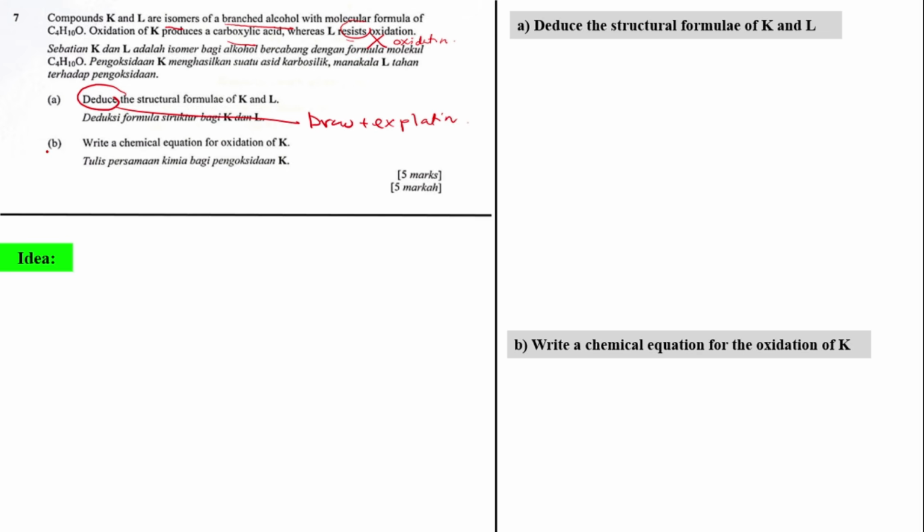And for question 7b, we need to write a chemical equation for the oxidation of K. They give the idea here using sentences, and for me, I will always start off with a reaction scheme.